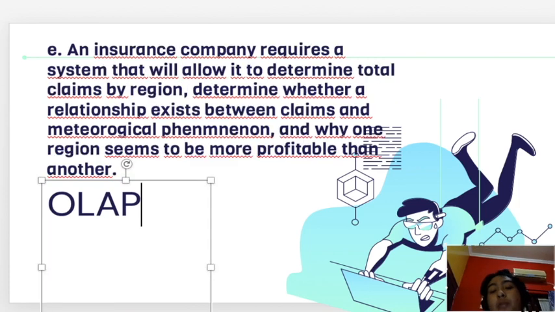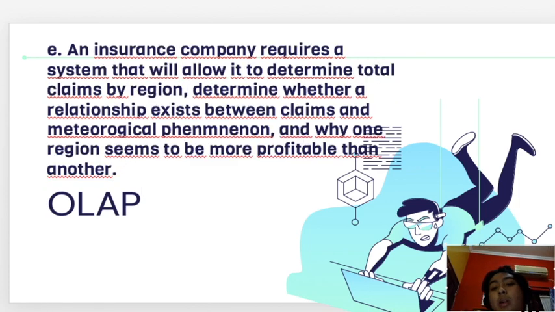Anyway, E is for an insurance company that requires a system that will allow it to determine total claims by region, determine whether a relationship exists between claims and meteorological phenomena, and why one region seems to be more profitable than another. For this event, it would be more suitable to use OLAP as well.